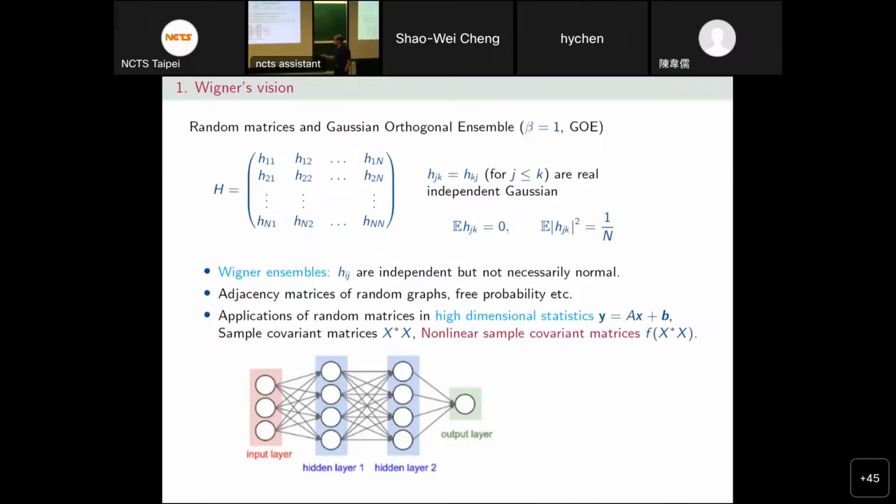When I started random matrices, in about 2007 and 2008, I didn't know anything about regression or statistics.